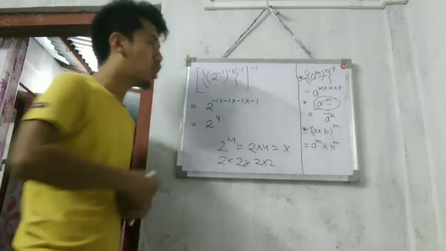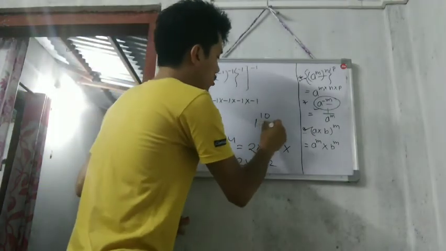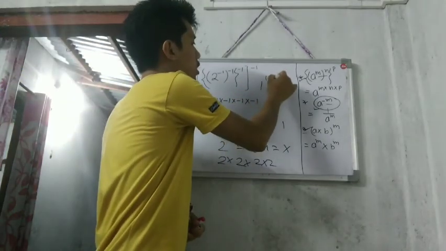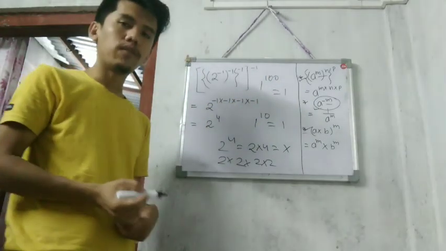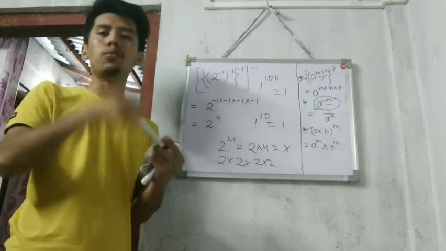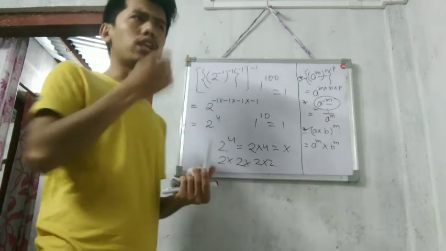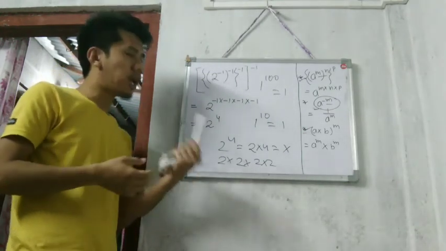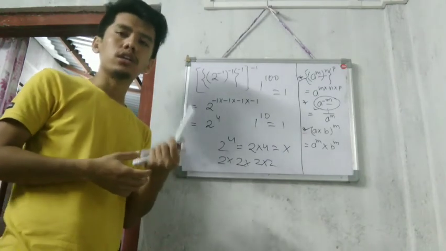If I say 1 to the power 10, obviously 1. 1 to the power 100, also 1. Even 1 to the power 1 lakh is also 1, because if we multiply 100 times, 1000 times, 10 lakh times, it doesn't matter, because if you multiply 1 and 1, it will only be 1.